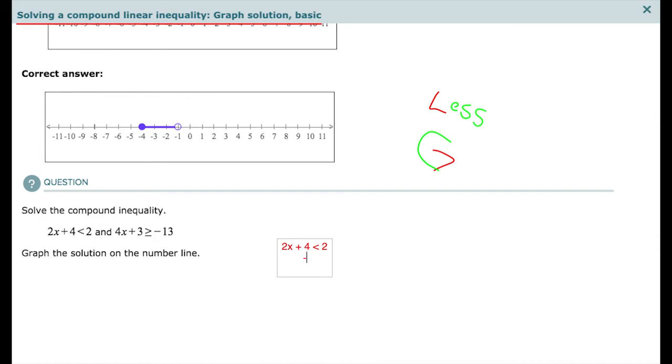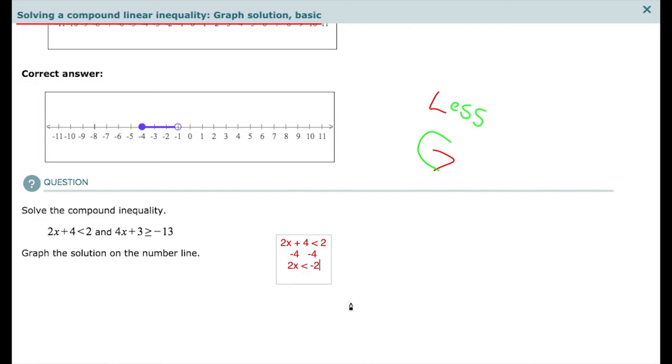Whatever I do to one side, I have to do to the other side. As you see, these 4's will cancel out, and 2 minus 4 leaves negative 2. We still have our 2x, so you have 2x is less than negative 2.